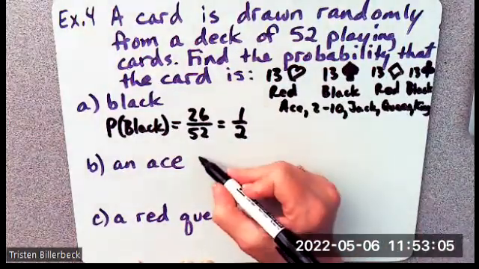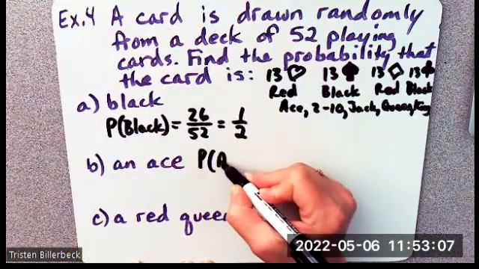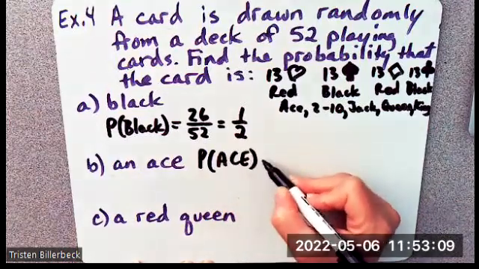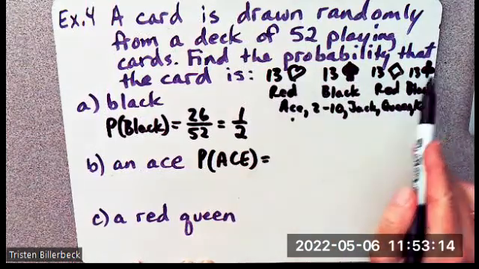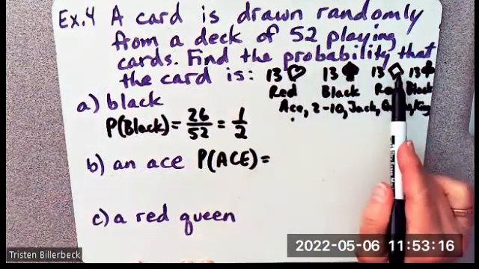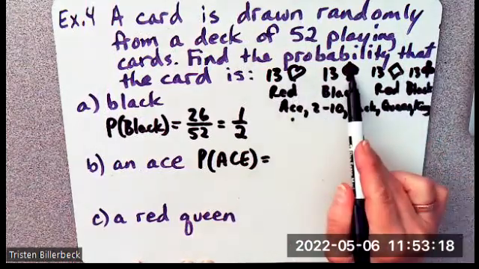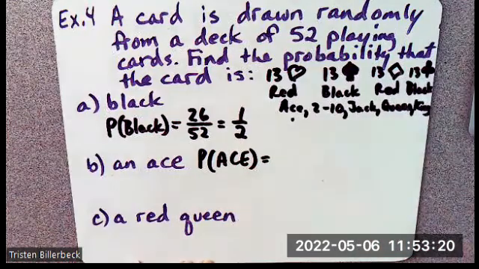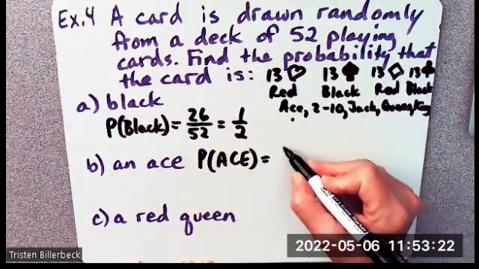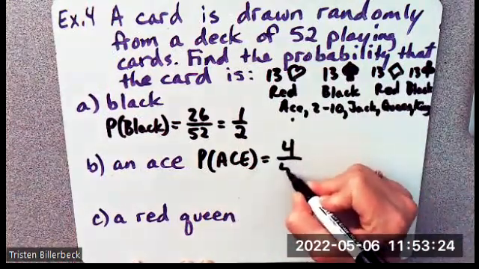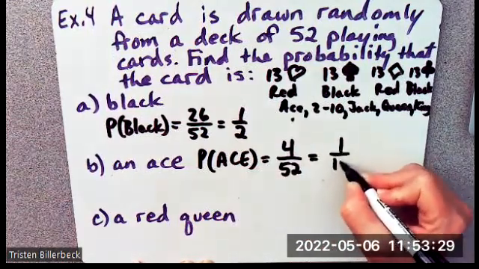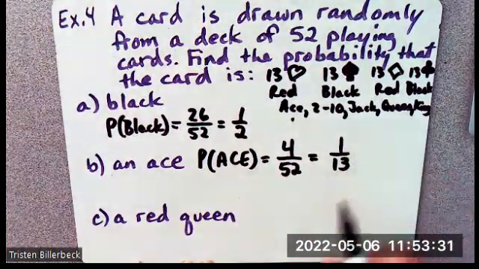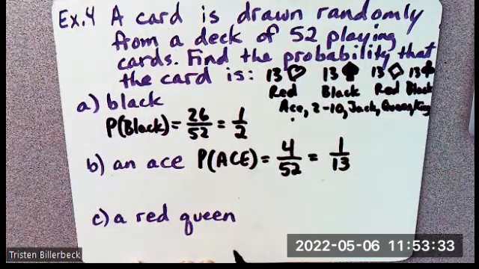Now, probability of an ace. Well, for every suit, and we have 4 suits, hearts, spades, diamonds, and clubs, we have 4 aces out of 52 cards. And that reduces to 1/13 because every suit has 13 cards.